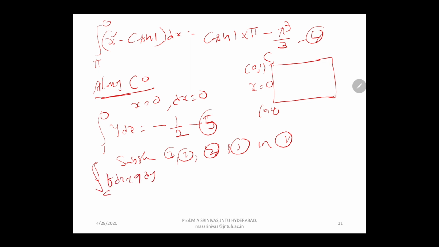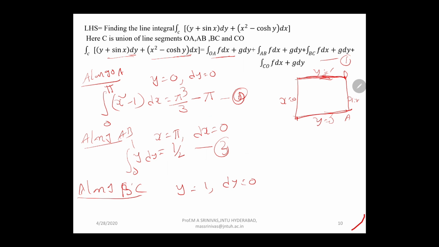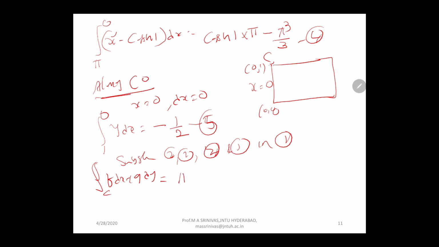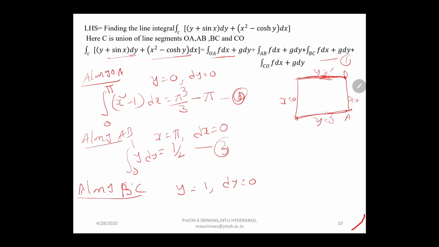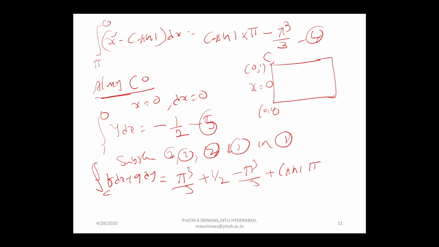what we'll get is the integral over C of f dx plus g dy equals, the second one, pi cube by 3 minus pi, it is 1 by 2, pi cube by 3 plus 1 by 2, and here it is minus pi cube by 3, and here cos h1 into pi.